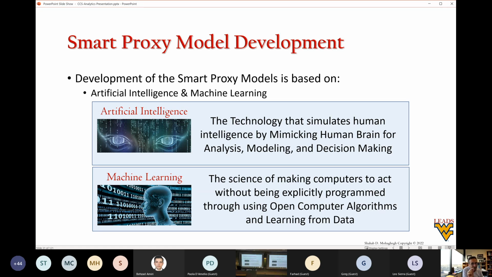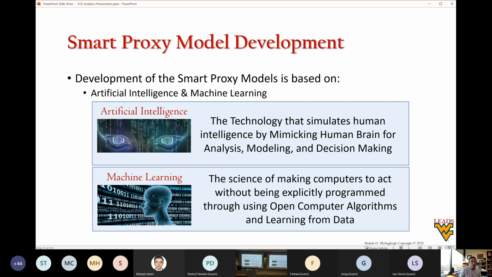That is not machine learning. Machine learning is the science of making computers act without being explicitly programmed through using open computer algorithms. What is an open computer algorithm? An open computer algorithm is an algorithm that applies to so many different things. It does the same thing. You don't tell it explicitly what to do.